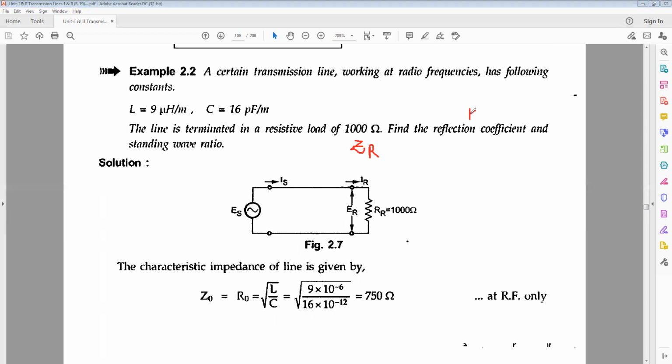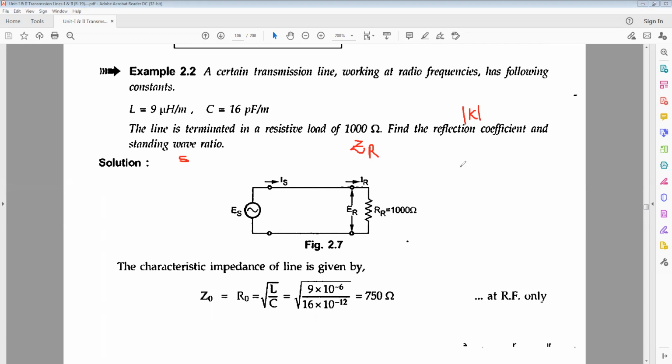The reflection coefficient is K, nothing but the magnitude of K you can find. And the standing wave ratio, yes, there is a relation between the standing wave ratio and the reflection coefficient K also. So first of all, find Z naught, then only you will get the reflection coefficient and the standing wave ratio.